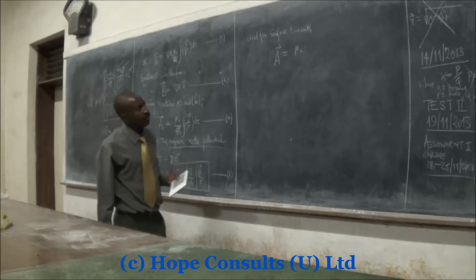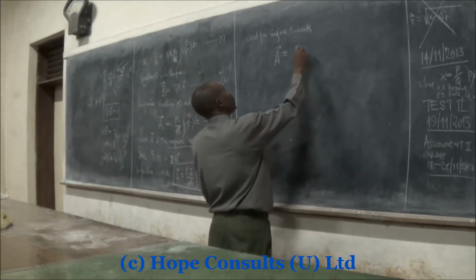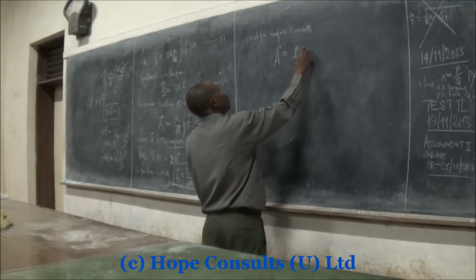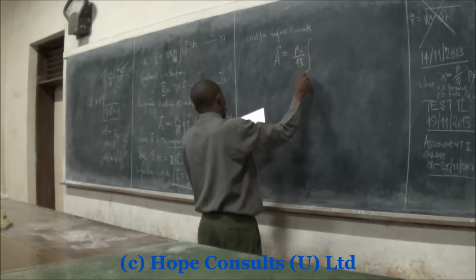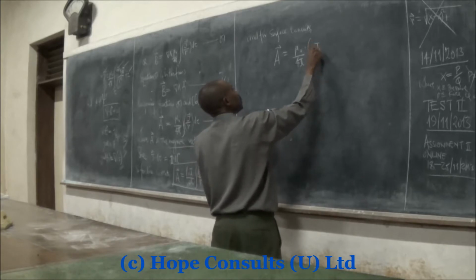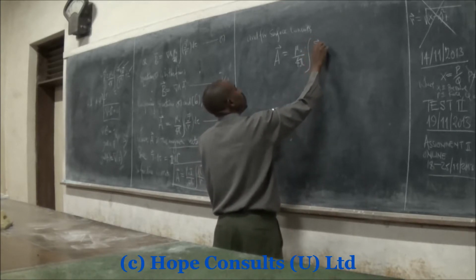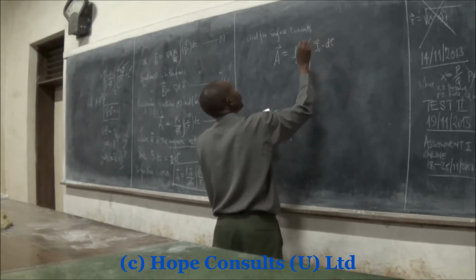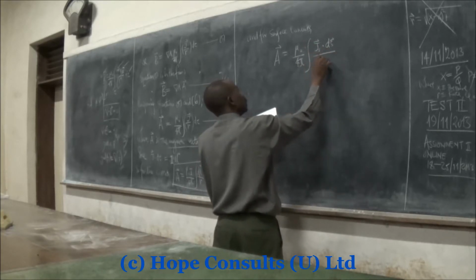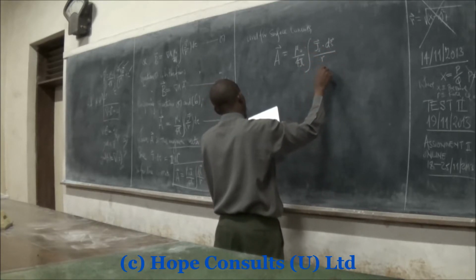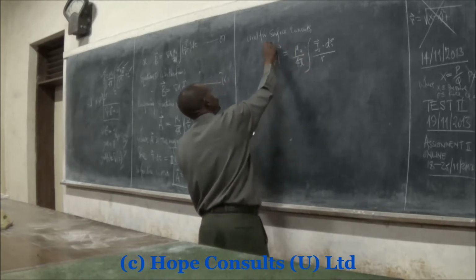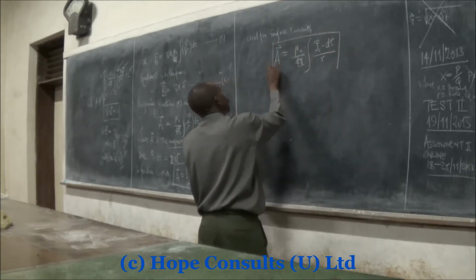So this will be mu naught over 4 pi integral Js, the surface current density, dot ds divided by r. And this is our equation 9.